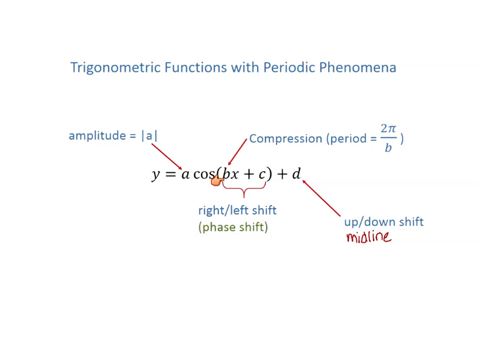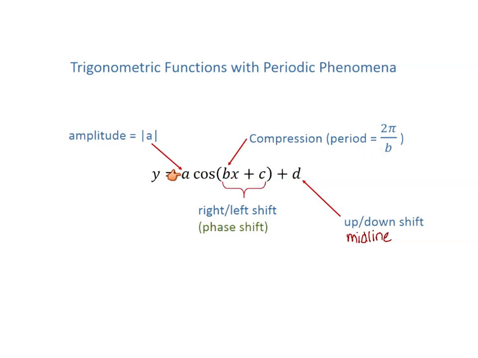So we're going to use C and B together to figure out how far it's moving to the left or to the right. Then B by itself gives us the compression of the wave, and it also tells us the length of the period by using this formula. 2 pi over B will tell us the length of the period.